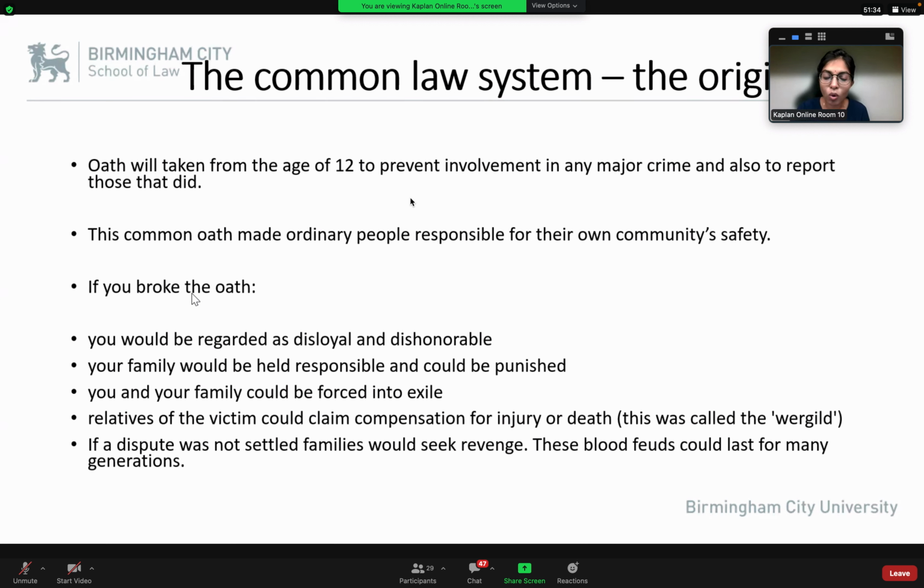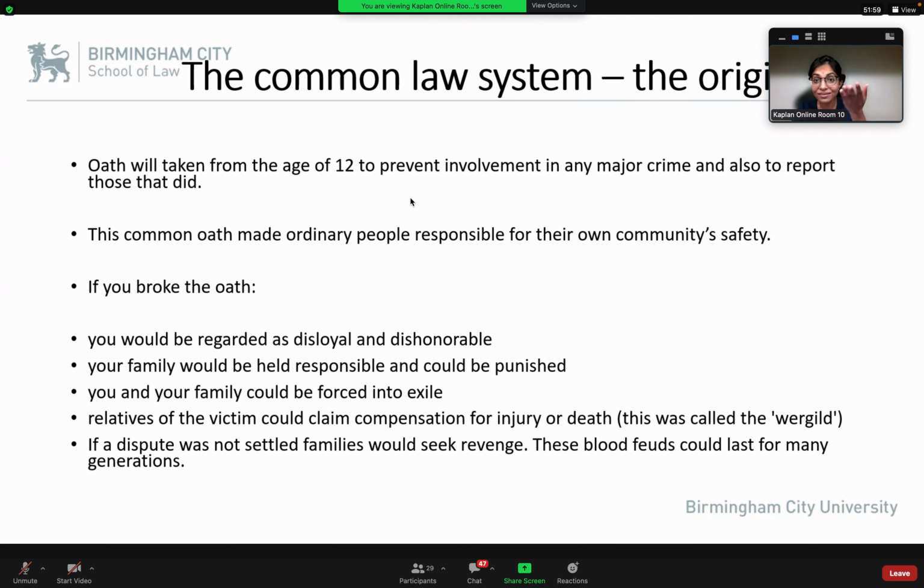What if now the oath is broken? What if now someone is involved in crime? Here, this person will be labeled as disloyal, not an honorable person. The family can be punished. The whole family will be forced into exile. These are things that we read in history.